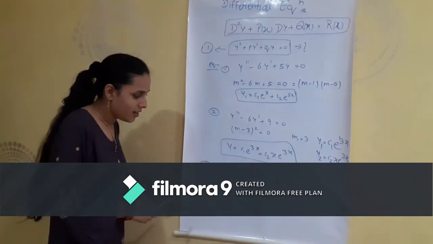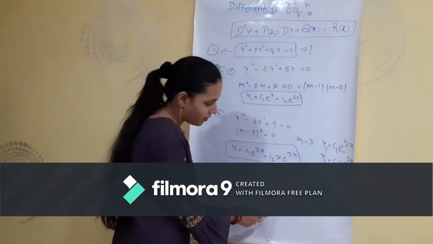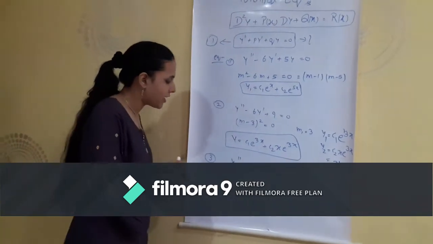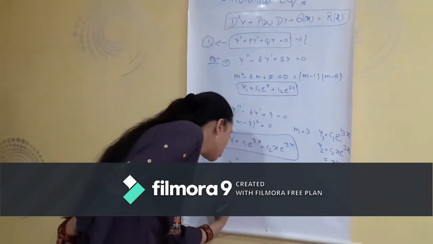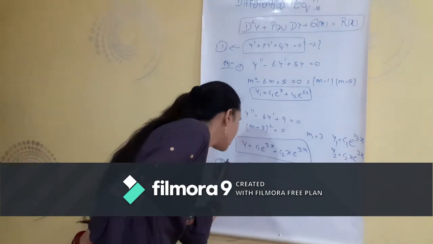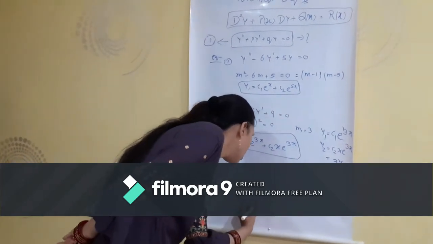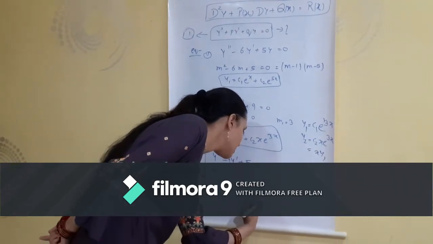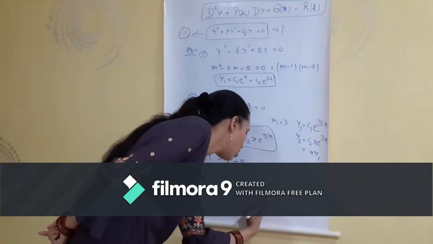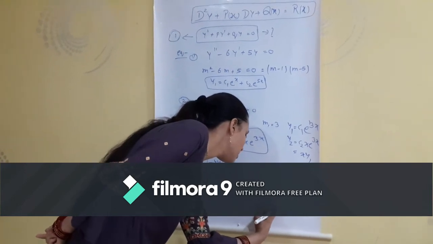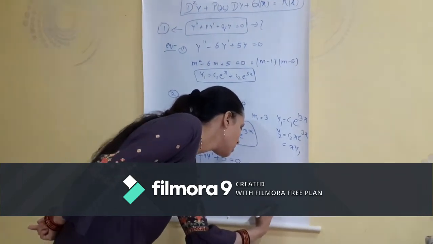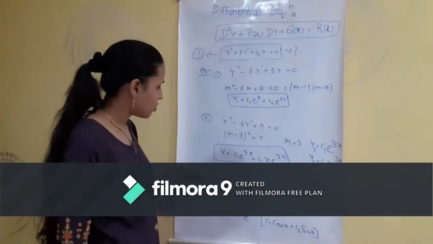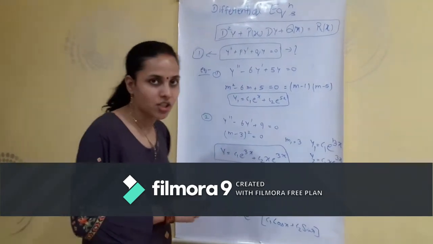The real part is minus 2 and the coefficient of the imaginary part is 1. So the solution of this differential equation will be written as y is equal to e to the power minus 2x, then bracket c1 cos of x plus c2 sin of x. So now this is the solution of this differential equation.